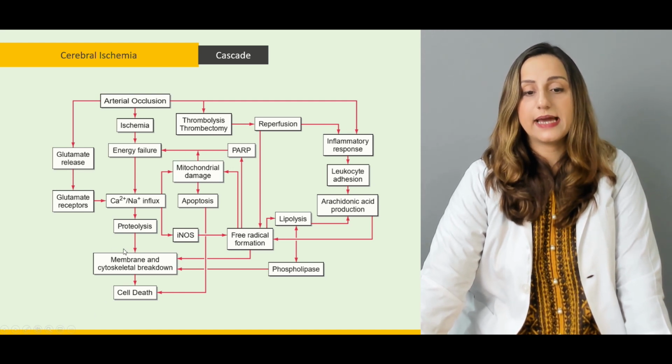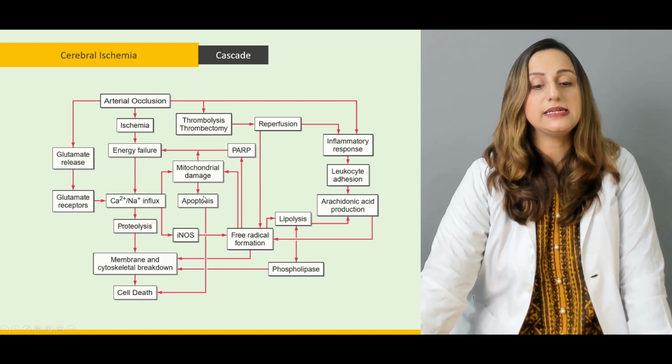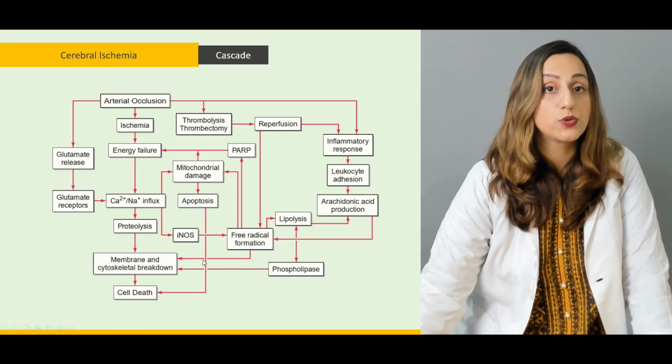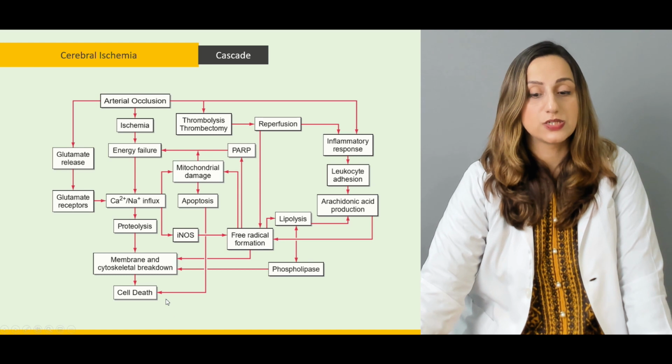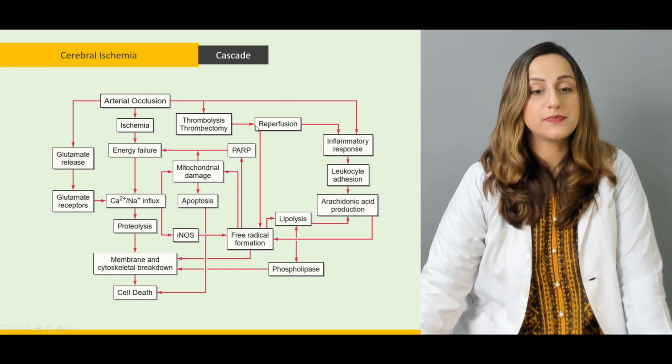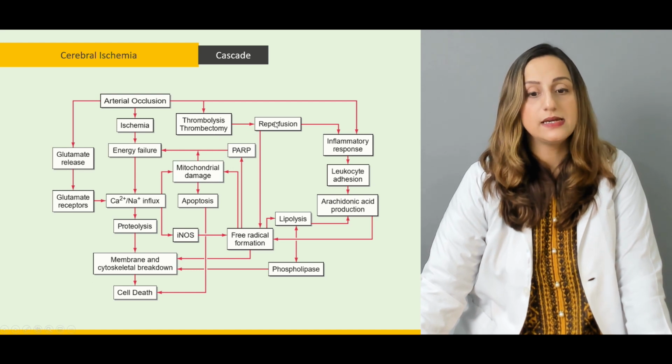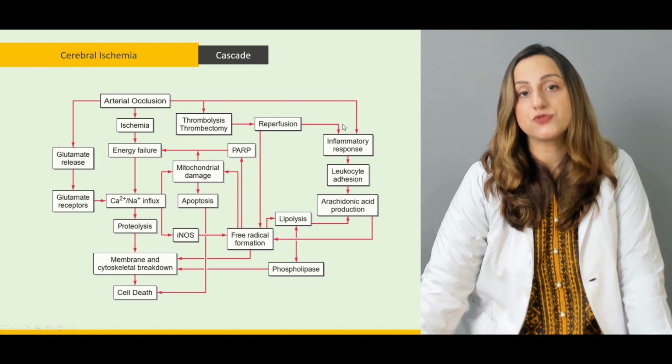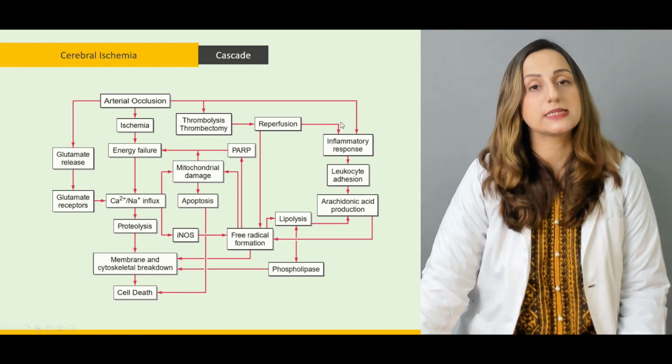Here, the apoptotic activity in itself can also give rise to cell death in these individuals. Again, even after treatment, by giving thrombolytic therapy or performing reperfusion, this reperfusion is going to give rise to inflammatory responses itself.